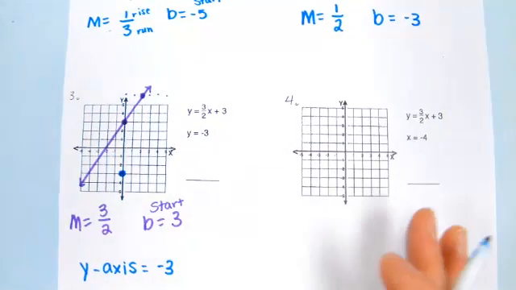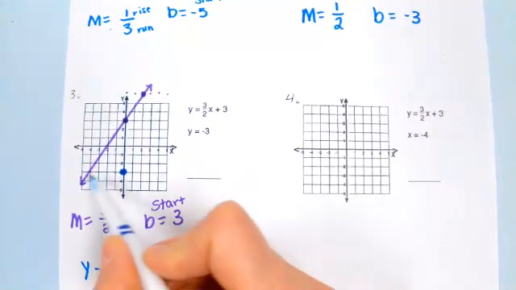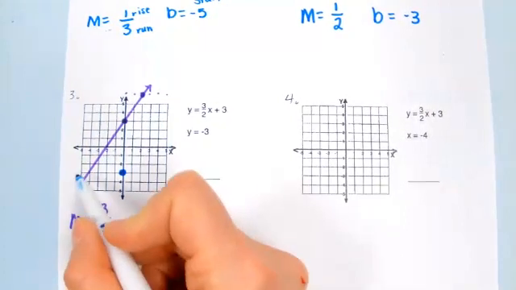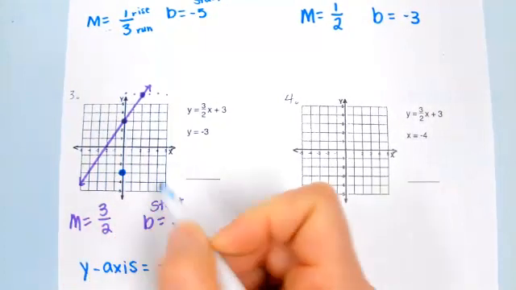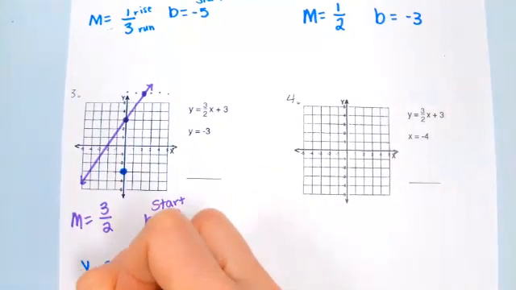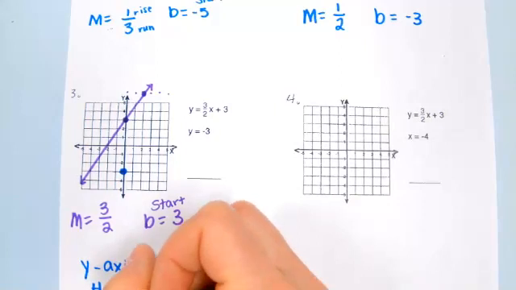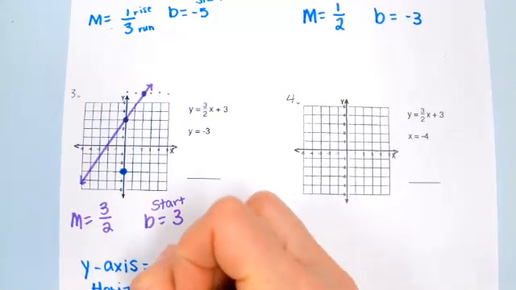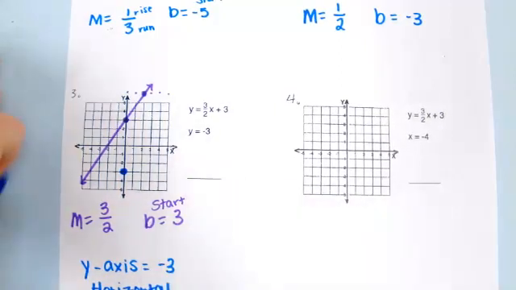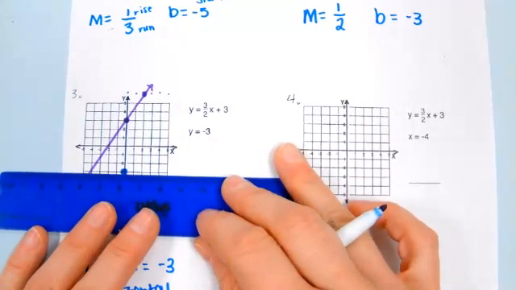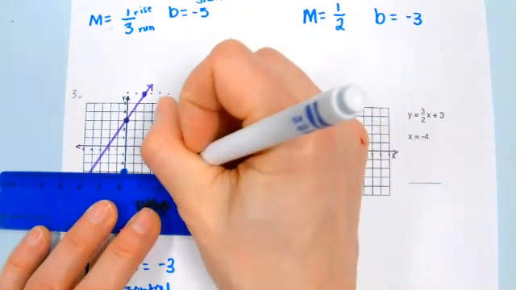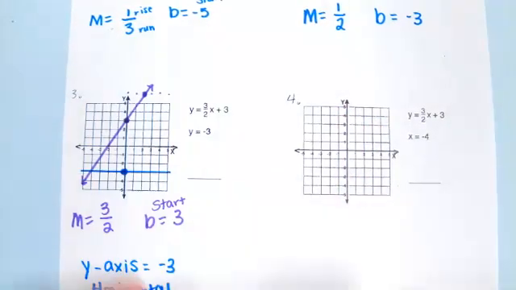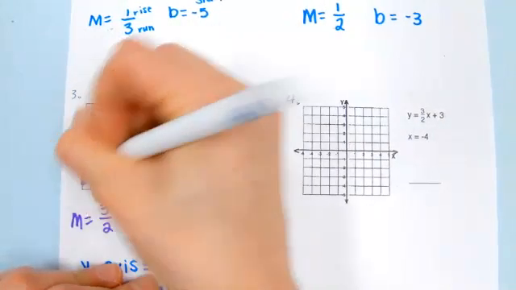The part that's hard to understand is where is y negative 3? It's all the way horizontal through here. So when it's y equals a number, it's going to be a horizontal line through that spot. So we're just going to take our ruler or our folder and draw a horizontal line through negative 3. And this is my system graphed.